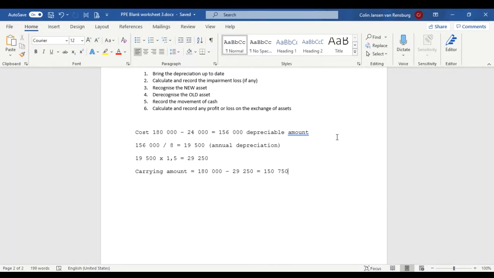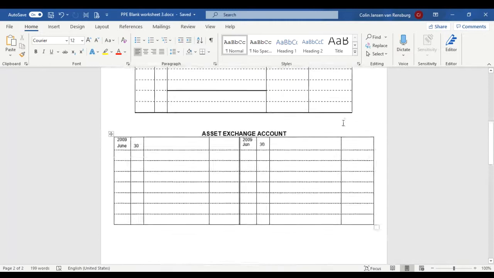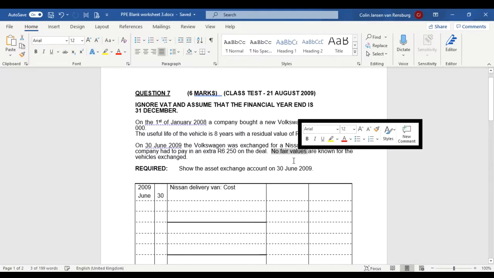But in order for us to do that, we need the fair value of the vehicle that we are giving up, which is the Volkswagen Navara, but we haven't got that. The second possibility, if we do not have that fair value, is to use the fair value of the asset that we are now acquiring, which is this Nissan delivery van. But now we haven't got that fair value either. Right, so we've got a bit of a problem.